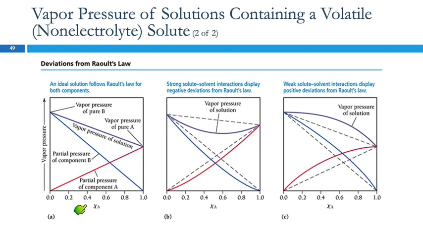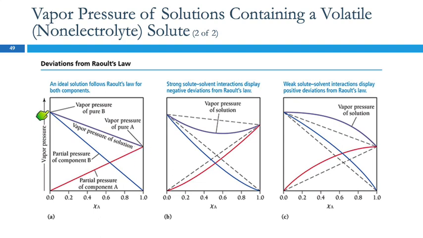So when the mole fraction of A is 0, then the partial pressure of A is 0. That's the red line. And as the mole fraction of A increases, then the vapor pressure of A will increase until it reaches the pure vapor pressure.